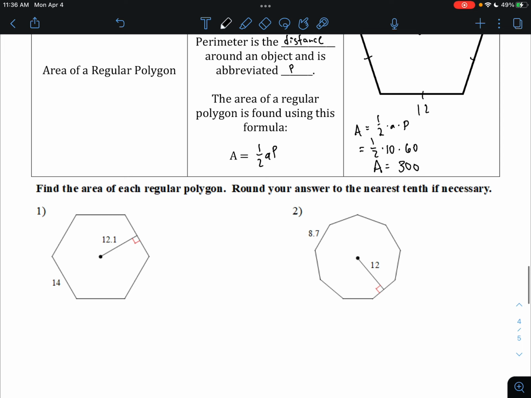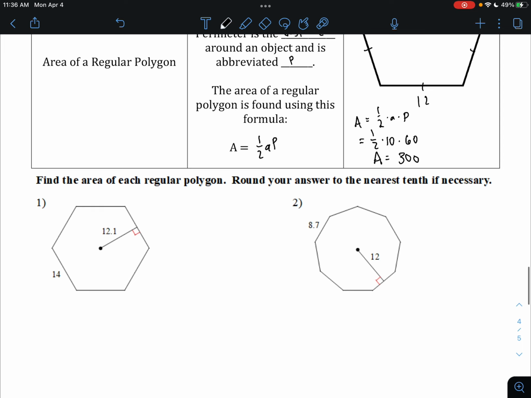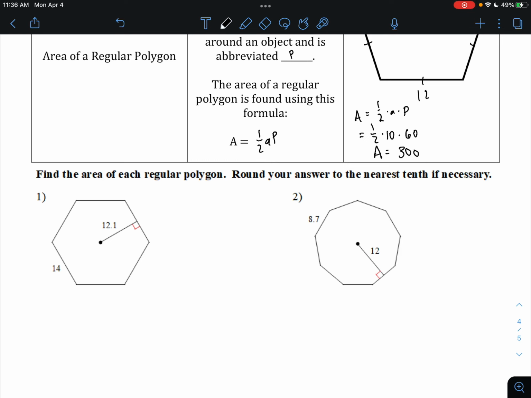Now, let's look at another example. It asks us to find the area of each regular polygon. In problem 1, we know area equals 1/2 a times P, apothem times perimeter. So area equals 1/2 times a, in this case a is 12.1, multiplied by our perimeter. Well, we don't know our perimeter yet, but we know that it has 1, 2, 3, 4, 5, 6 sides.